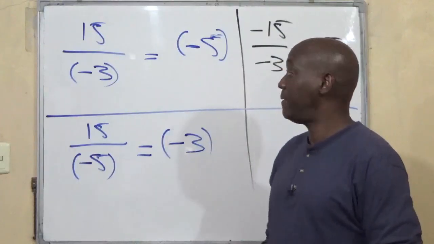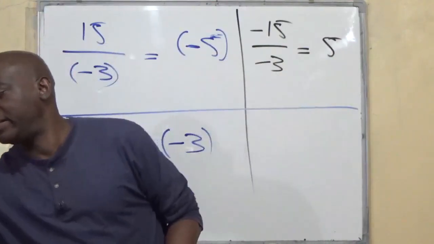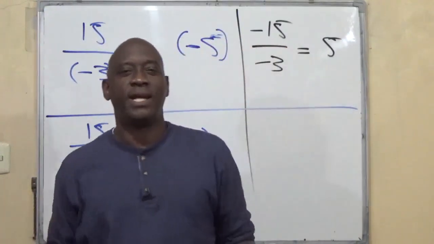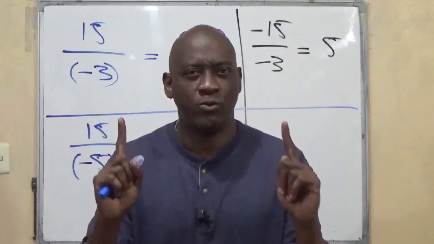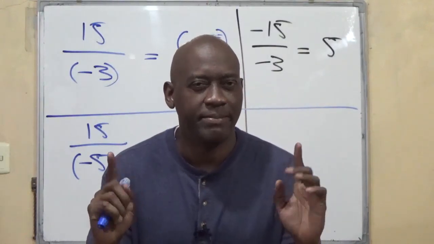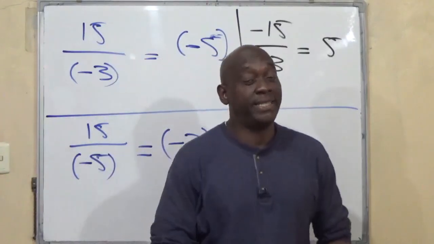So in other words, just as we had in the case of multiplication, in one operation, in one line, so to speak, you have 2 minus signs. And both of them could mean 2 slightly different things. That is how complicated it could get.